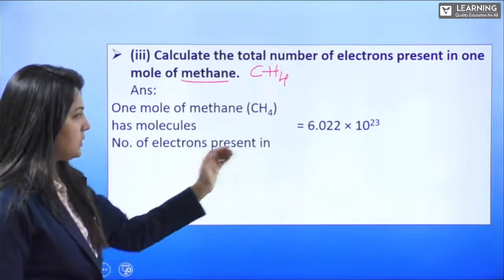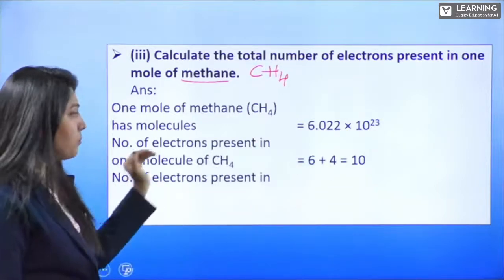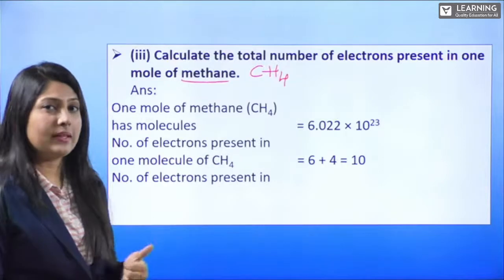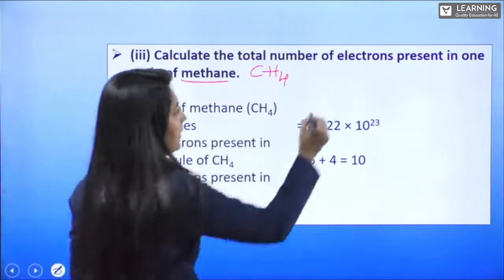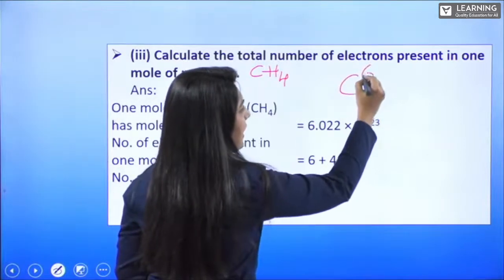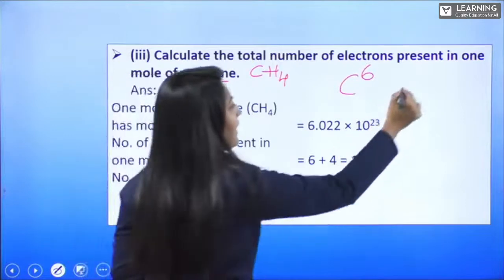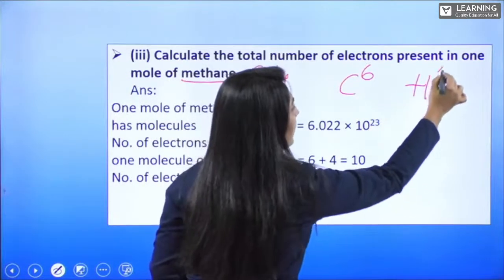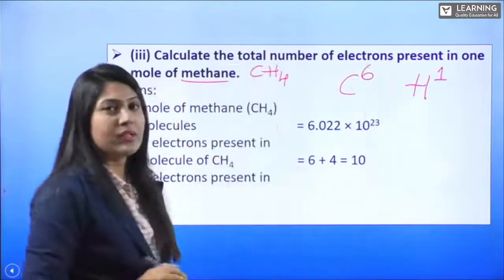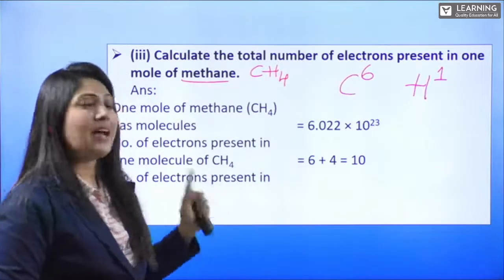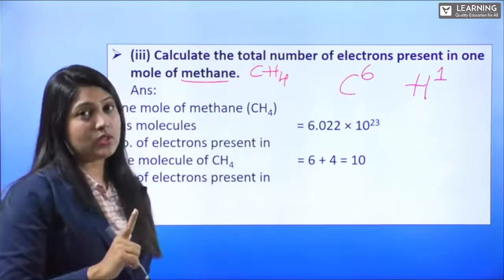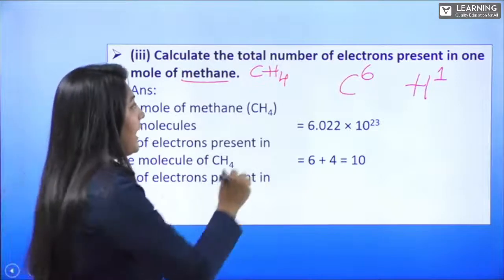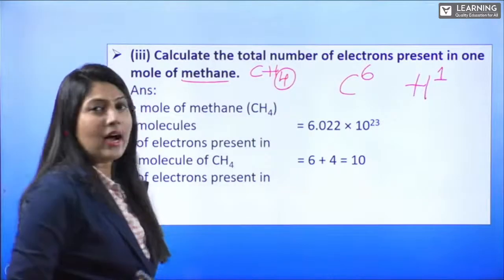So the number of electrons present in 1 molecule of methane is how much? We know carbon has 6 as atomic number and hydrogen has 1 as atomic number. So that means 1 carbon has 6 electrons, 1 hydrogen has 1 electron. How many hydrogens are we taking? 4 hydrogens.